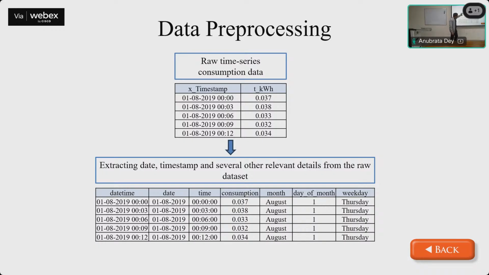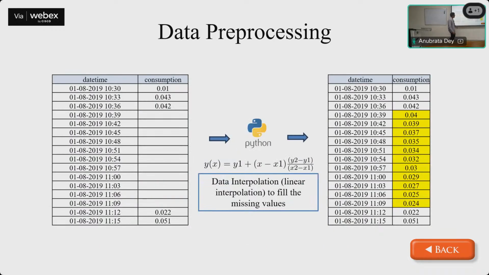Whatever data you have considered, you have to arrange in some way. This you can do in Excel very well. Then we observed that some of the data were missing. I don't know why.